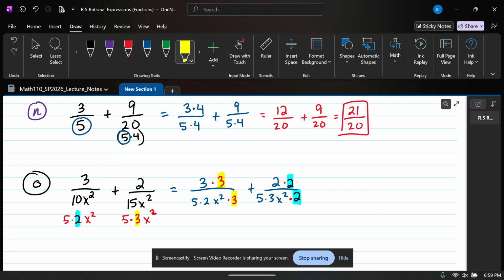So that's going to be 9 plus 4 on the tops, and on the bottom, 5 times 2 times 3 would be 30x squared. Common denominator. They've got the same bottom part now. That's going to be 13 over 30x squared. 13's prime, and it doesn't go into 30, so we're going to leave it like that.